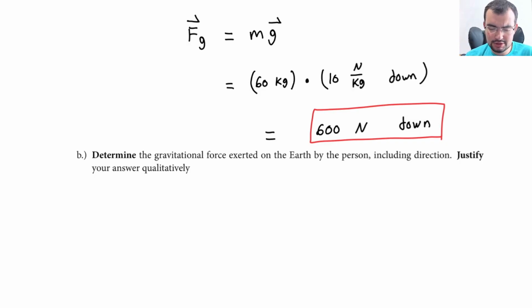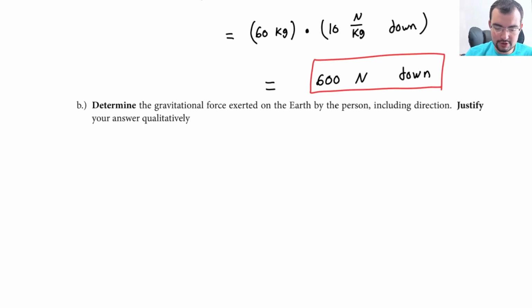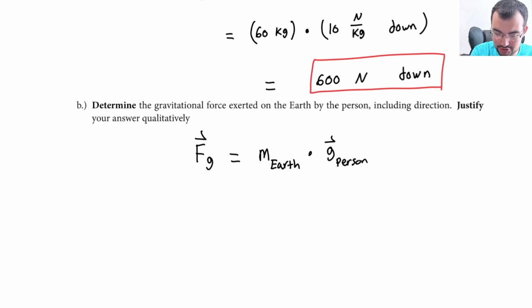So what is the person doing to the Earth? Well, if we try to use the formula, it's going to become a problem because we'd have to find the mass of the Earth, which we definitely don't know, times the gravitational field strength that the person is generating. So that definitely is not our route to success here.